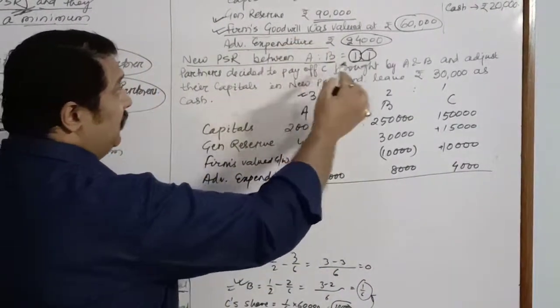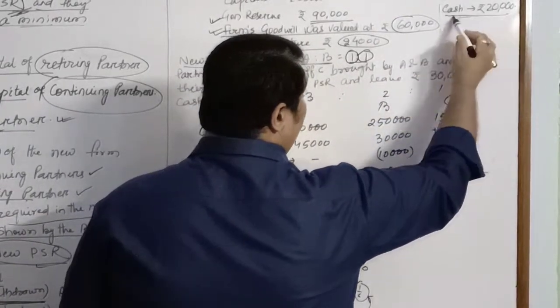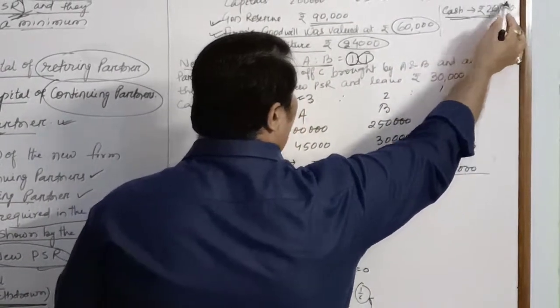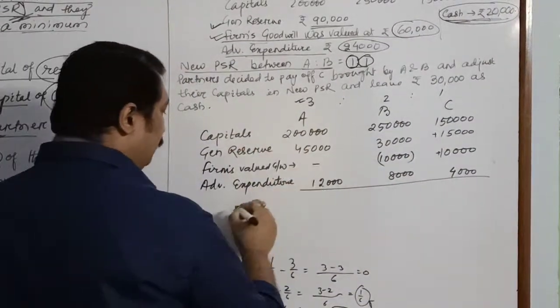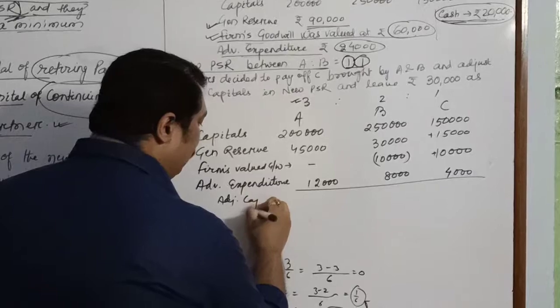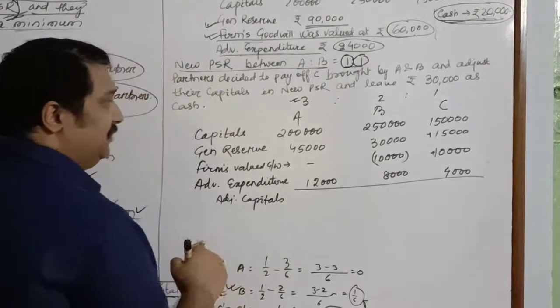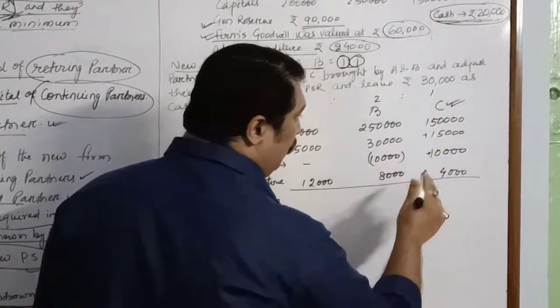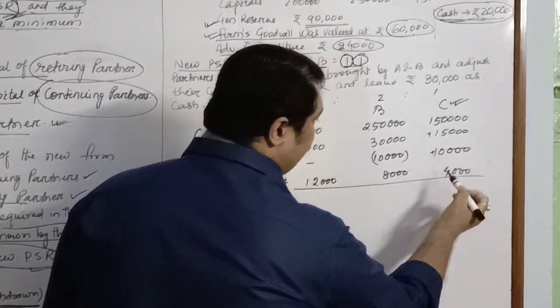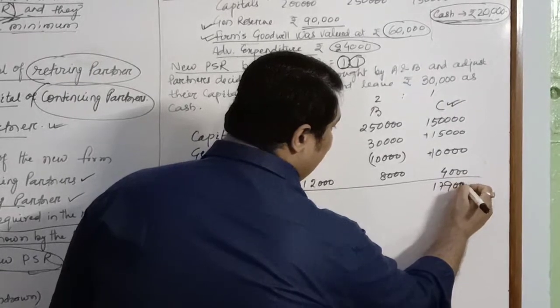Children, the most important thing in this question is you can see the balance sheet has shown you a cash balance of 20,000. So first of all, let us talk about the adjusted capital now. How much is the adjusted capital? First of all, C is retiring. So let us calculate and pay him off. So it will be 1,79,000.